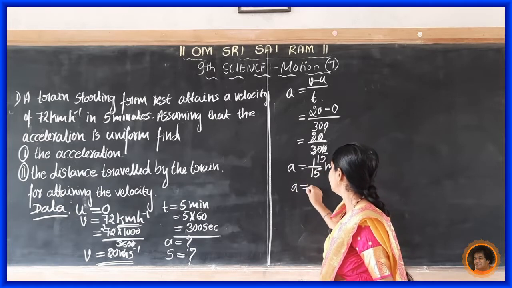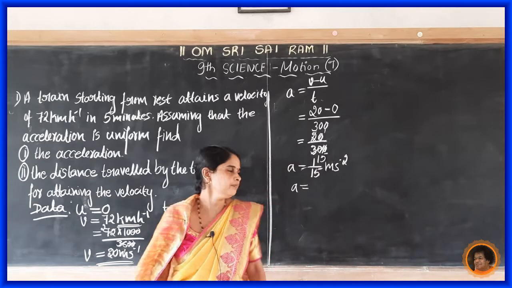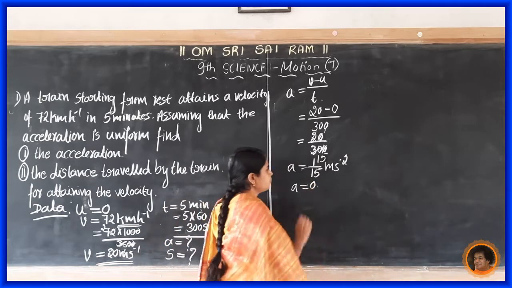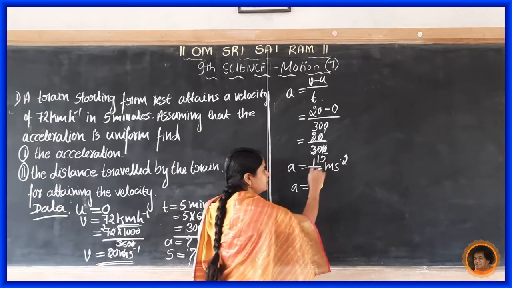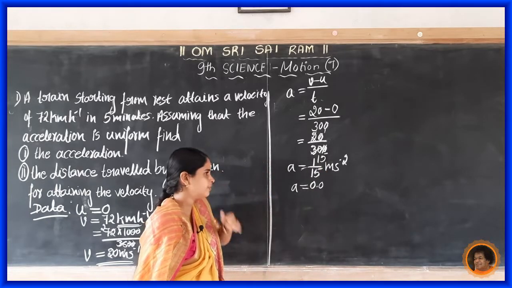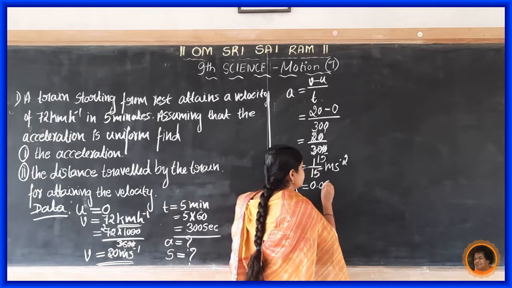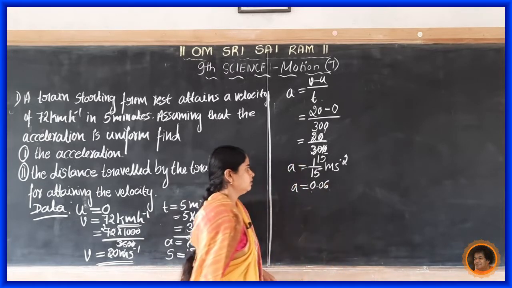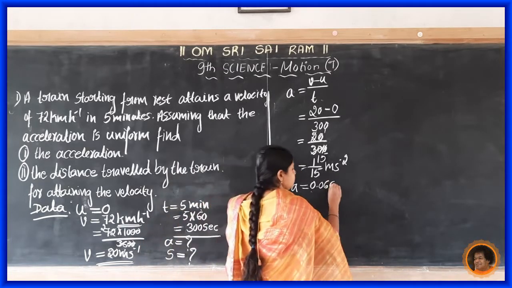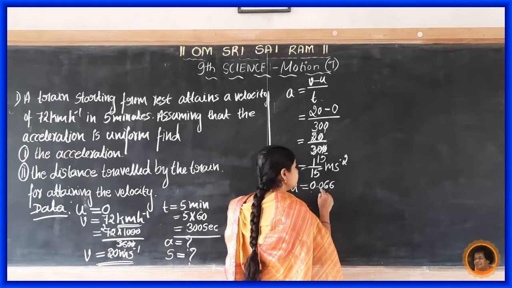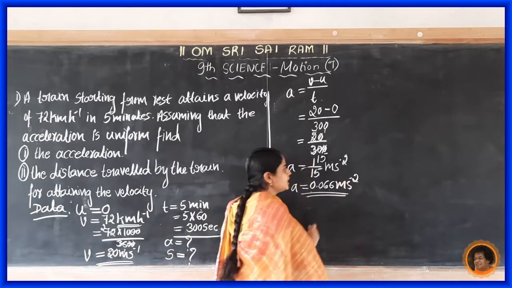The value of 1 by 15 is 0.066 meter per second square. So it is the acceleration.